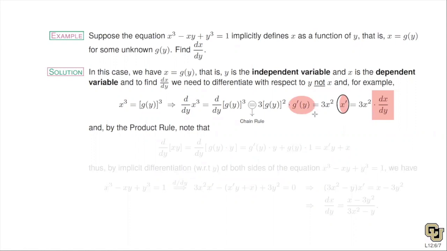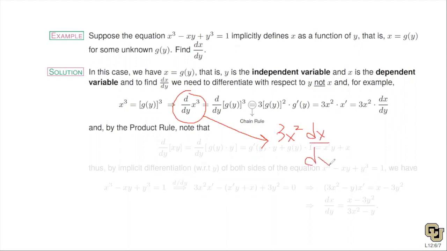So we're using the same derivative rules, except we're trying to keep track of what the independent and dependent variable is. For example, if we did the derivative with respect to x, it would be 3x squared times dx, the derivative of the inside, dx. This is if I'm doing an x derivative.